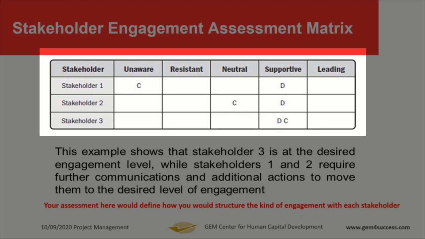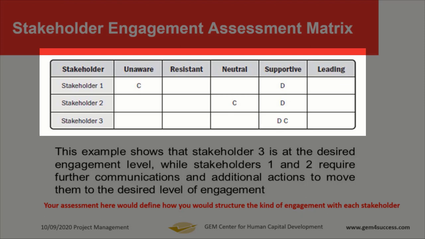From here you can see that stakeholder 2 is currently neutral, but it is desired that stakeholder 2 should be supportive. Stakeholder 3 is currently supportive, and that is what is required. That's what is desired for stakeholder 3.